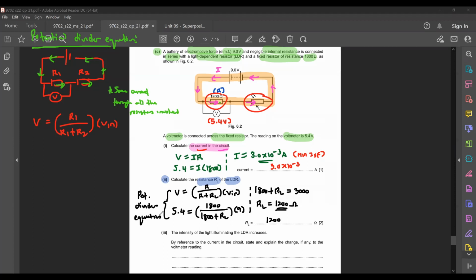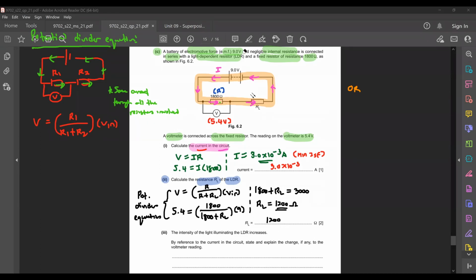All right. Now there is another way to do this also. That one is just by using Kirchhoff's second law and V equals IR. So there's another method here that I'll show you. If you look at the same circuit again, just now it was mentioned to you that this fixed resistor here has a PD of 5.4 volts, isn't it?